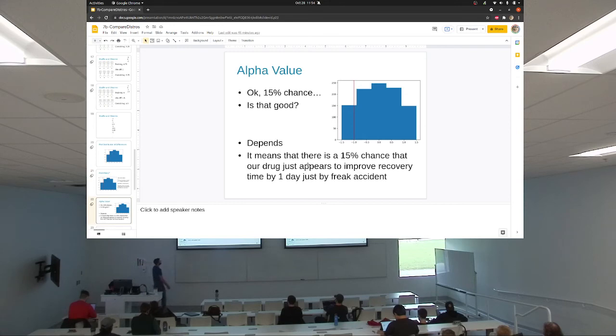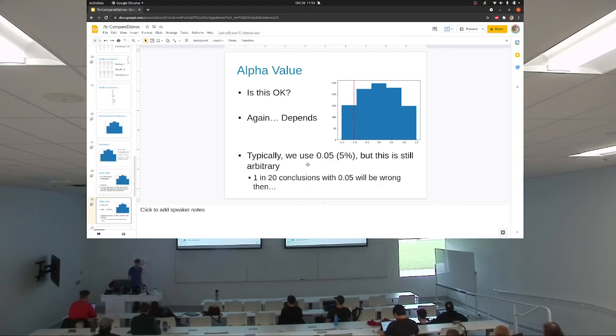So 15%, is that good? Well, it depends. It means that there's a 15% chance that our drug just appears to improve recovery time by 1 day by freak accident. We got really lucky that our random assignment was that. So is that okay?